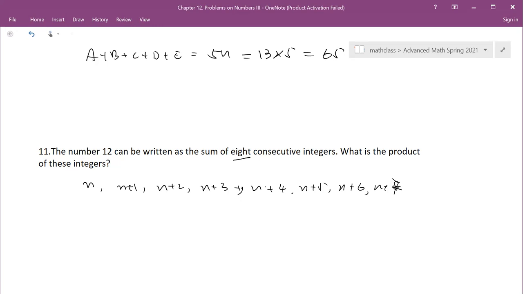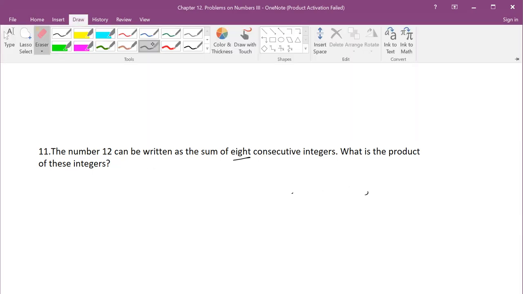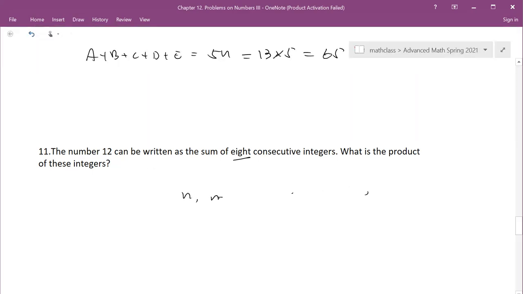If you don't want to express them in this way, then you have to figure out the 2 middle ones. Okay, now you can try another one. Probably it's still better, even with an even number of consecutive integers. So 2 in the middle are n and n plus 1, then n minus 1, n plus 2, right? So we have 4 here.